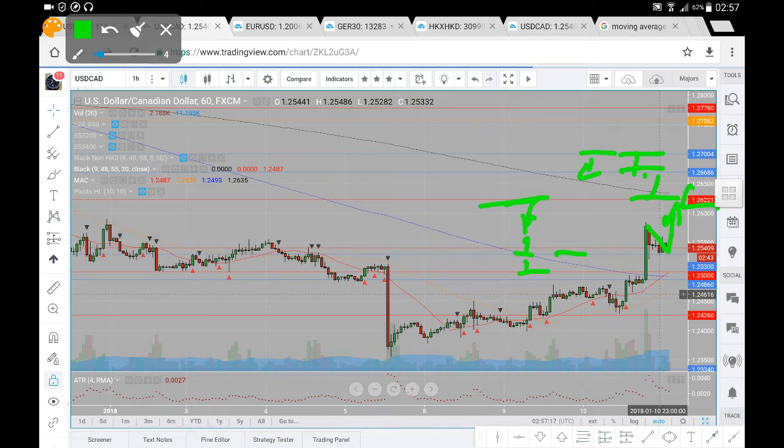If, however, what I'm expecting, the bullish move to the upside, does not continue, I look to see our price react in and around this 1.25 level, a break from which we have to be aware of 1.2486. Further downside continuation could possibly take us down to 1.2426, and a break from there we'll be looking for 1.2334 in regards to the US dollar Canadian dollar.